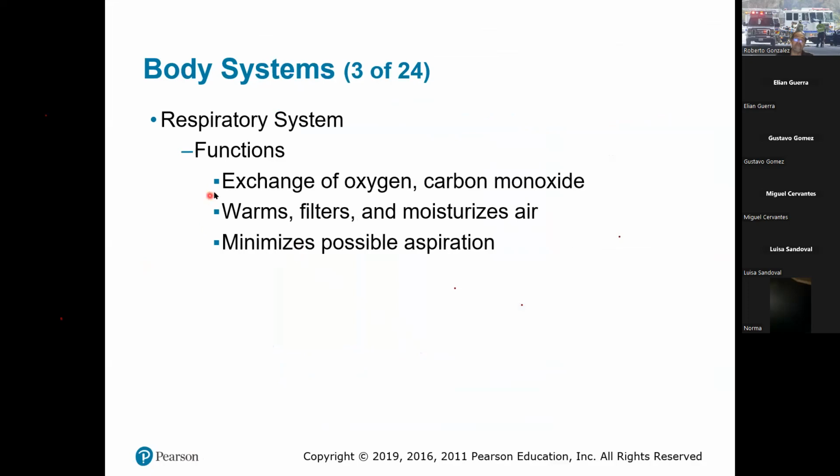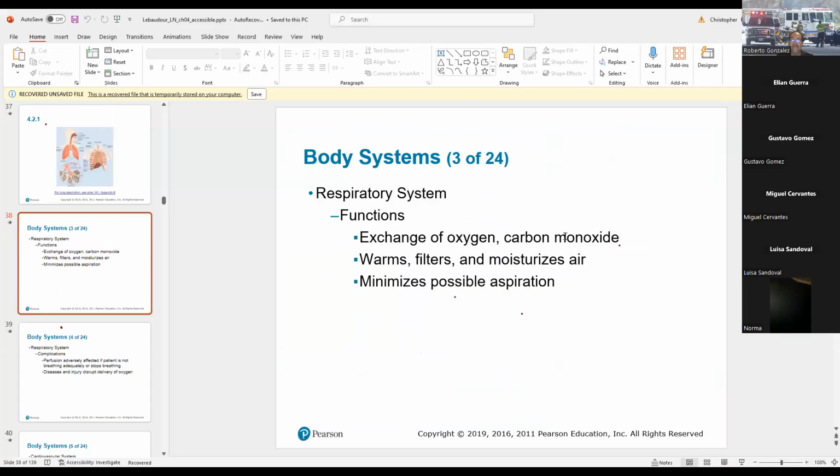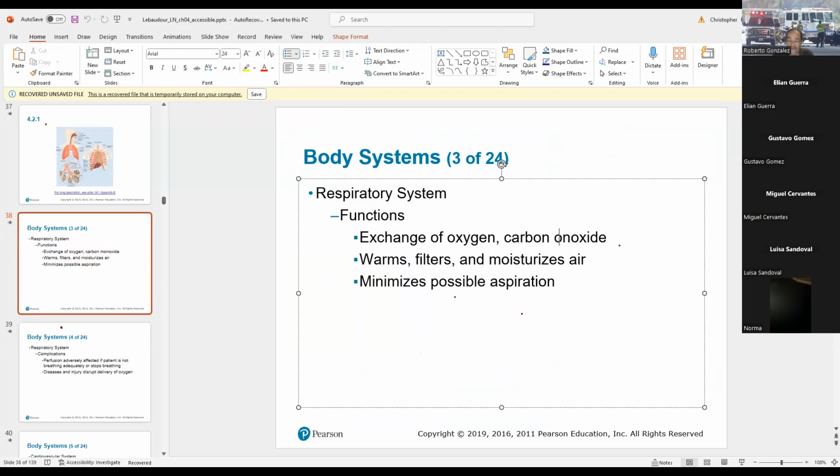The respiratory system functions in the exchange of oxygen and carbon monoxide. That's not carbon monoxide, I'm sorry, carbon monoxide is what cars release. Let me fix that. It's carbon dioxide.